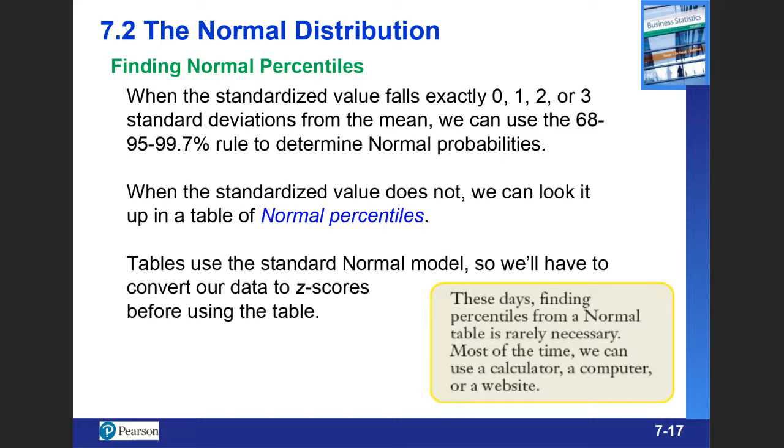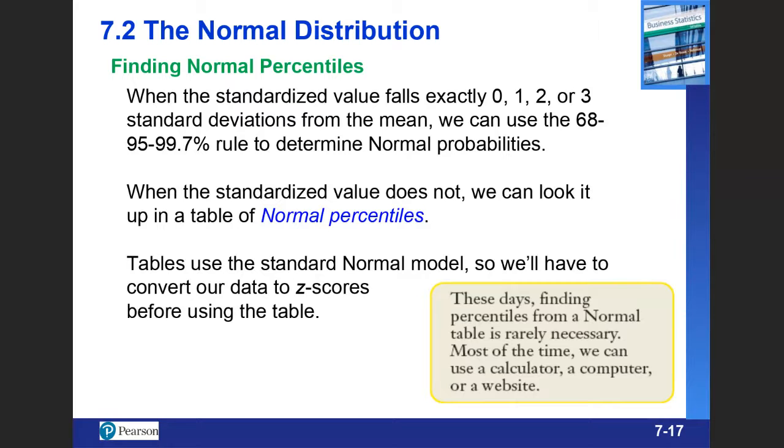When the standardized value does not, then we look it up in a table of normal percentiles. So our goal today is to learn to read this table of normal percentiles, normal distribution tables. So that's what we're going to do for the rest of the time today, actually do a few exercises on how to read the tables.